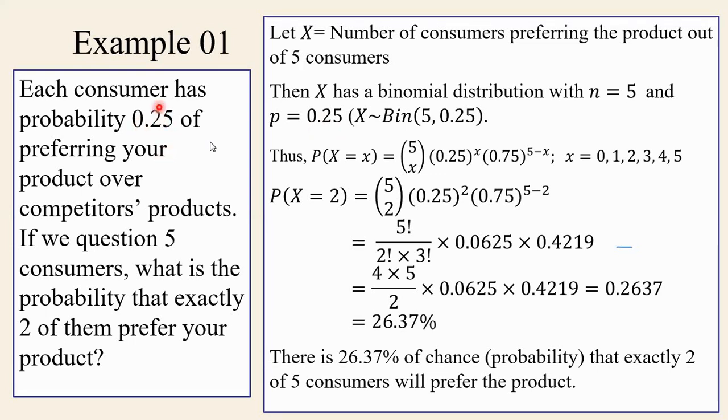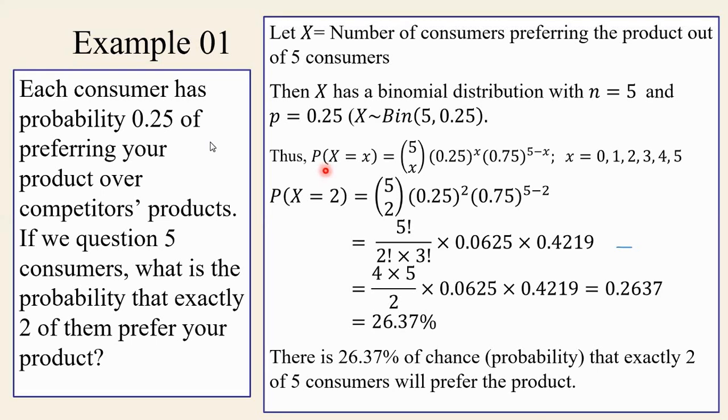So the probability of preferring the product is 0.25. That is, X follows a binomial distribution with 5, 0.25.